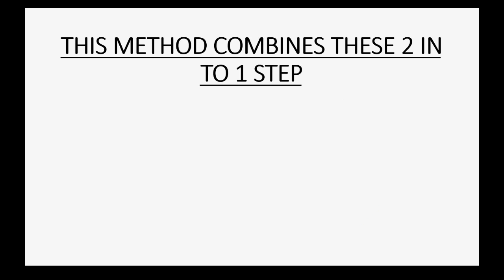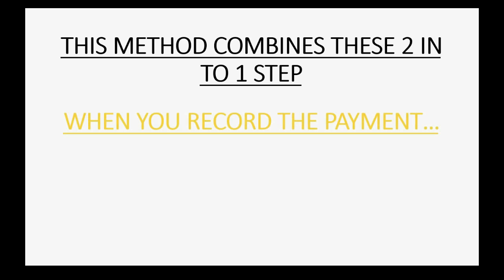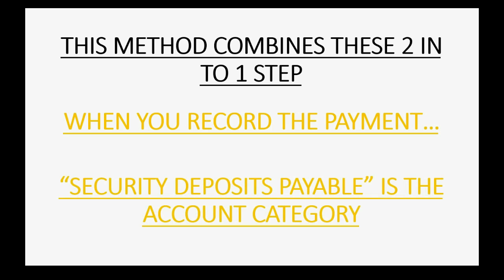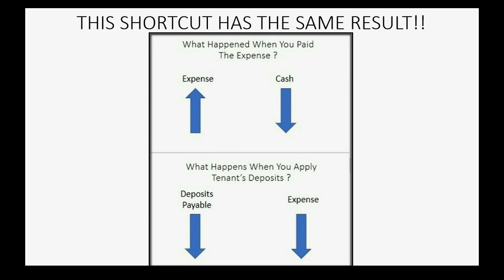And that's because you have less expense if the tenant is paying for it. So this is what it looks like if we combine the two steps into one. When you record the payment, you put security deposit payable as the account category instead of putting what the actual expense is. And that is how you apply a tenant's security deposit to an expense. Let's think about this.